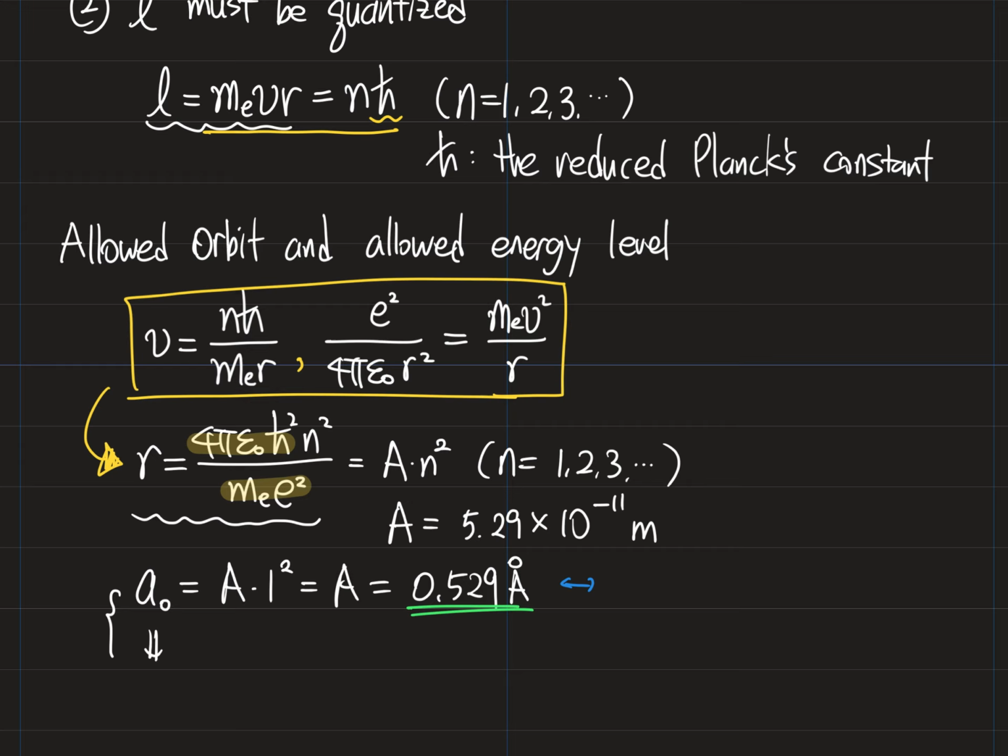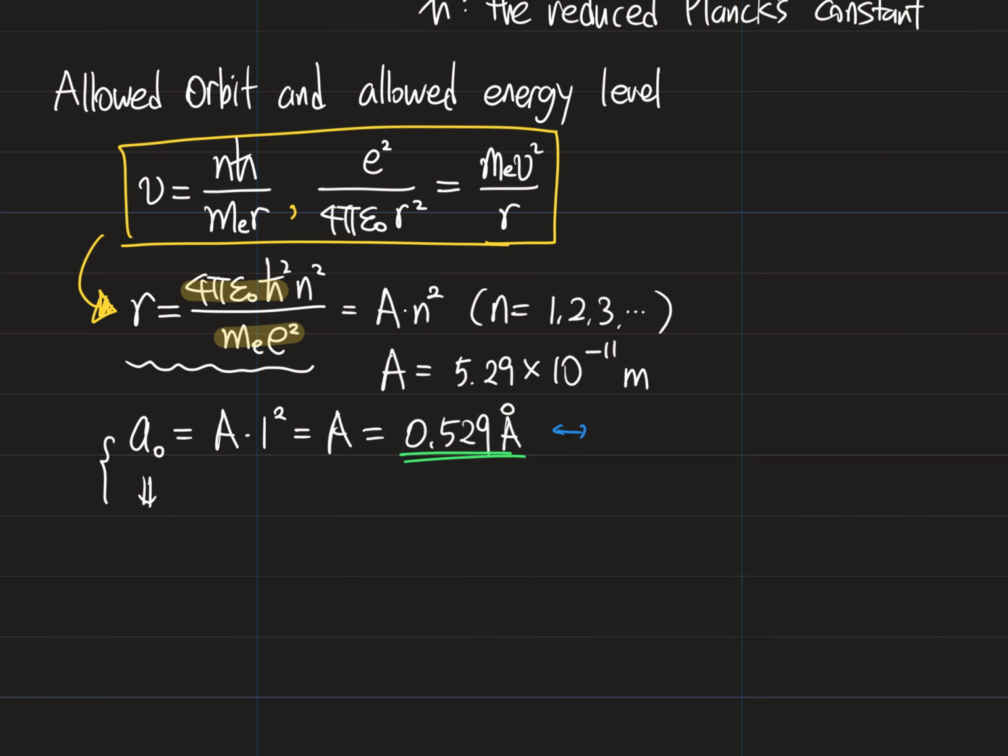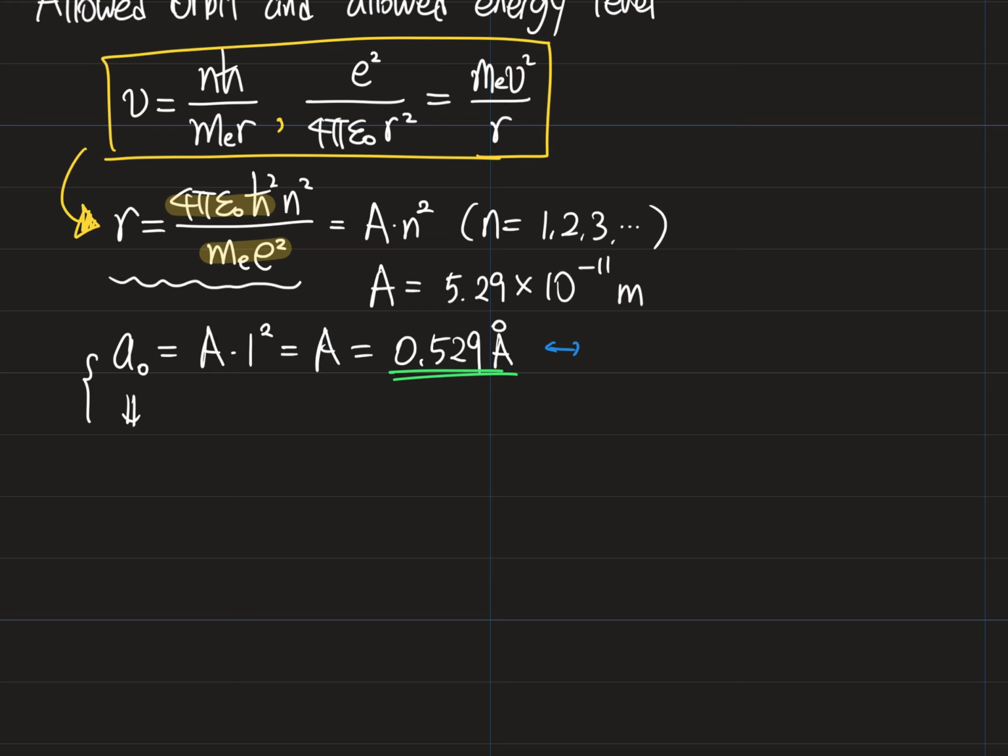Since the electron's total energy depends on its orbit's radius, the energy is simply a function of the radius. So its energy also must be quantized. Why? Let's look at the mathematical expression.